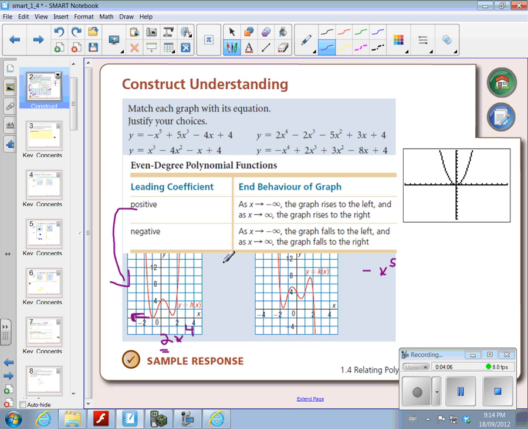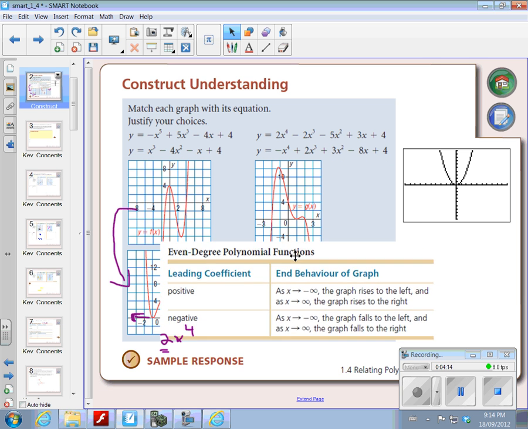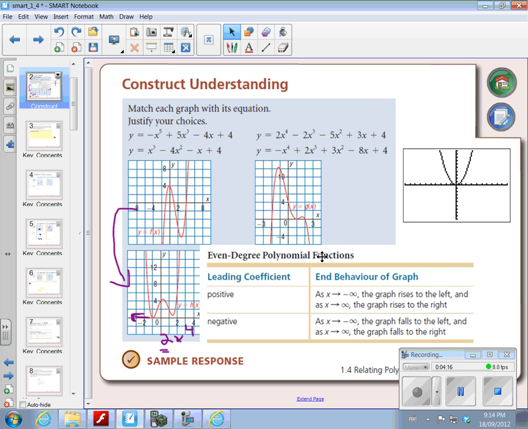Another even degree would be the other one, which would be negative x to the 4. Negative x to the 4 is this one over here. Okay, this is the negative x to the 4. And notice that the lead coefficient is negative.